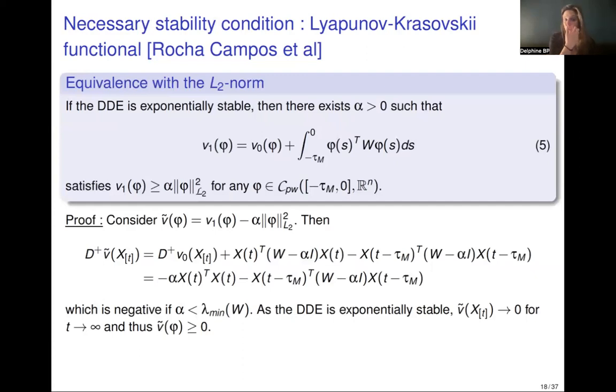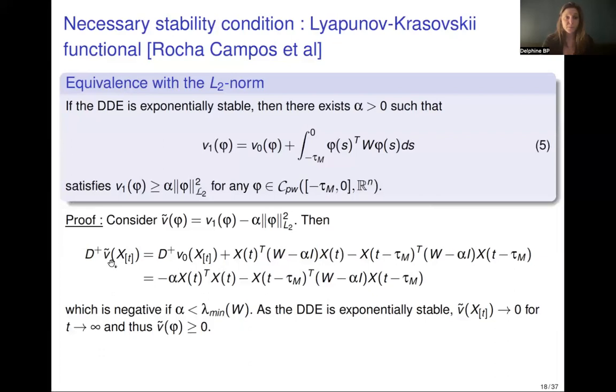And to be able to relate this to the L2 norm, they add a quadratic term directly to it and prove that you can find an alpha such that V1 is lower bounded by alpha times the L2 norm of phi. So the proof is very basic.